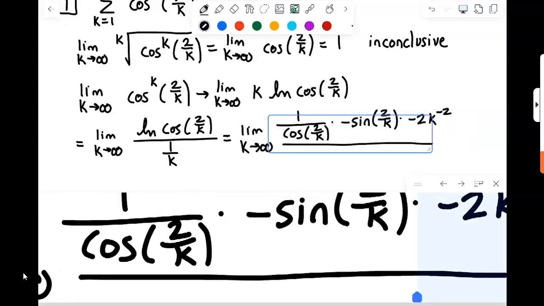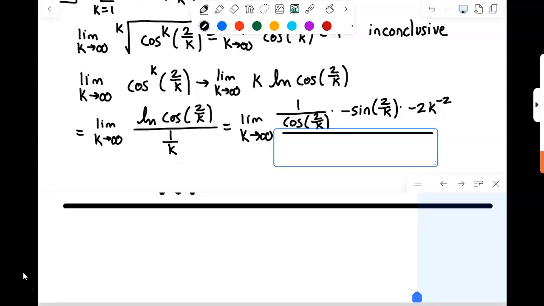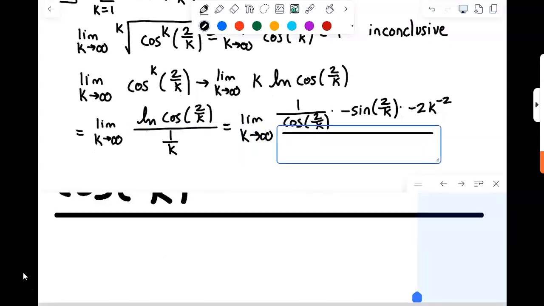And then on the bottom, we have the derivative of 1 over k, which would just be minus k to the minus second.